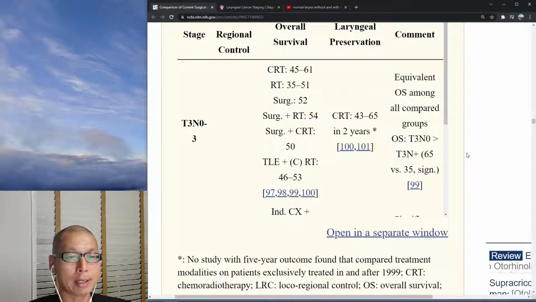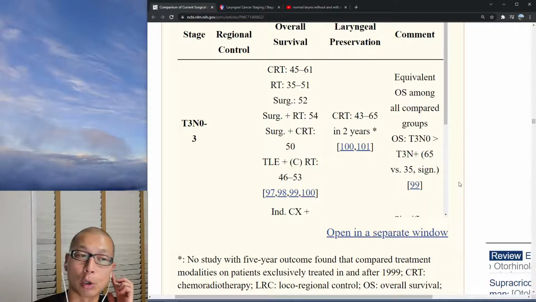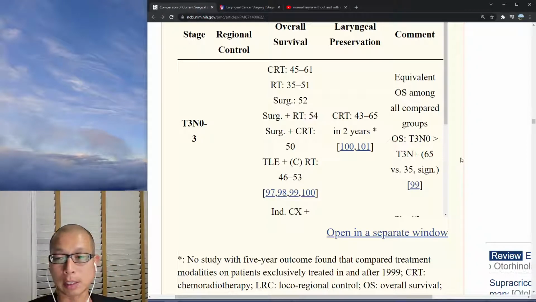One way of deciding which way to go is to do what's called induction chemotherapy, and they give you one round of chemotherapy. If the cancer responds very well to the chemotherapy, it's likely to respond very well to the radiation therapy, and you could go to the radiation therapy arm if you can't decide which way to go.